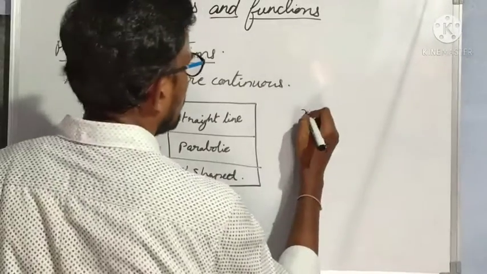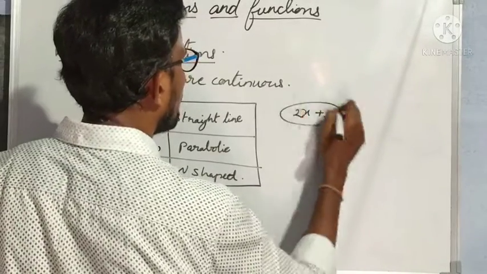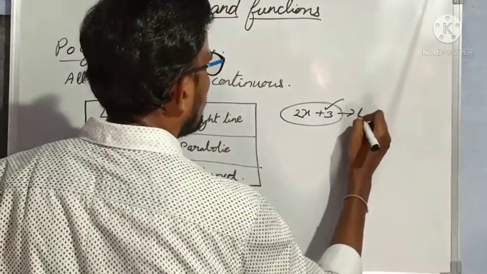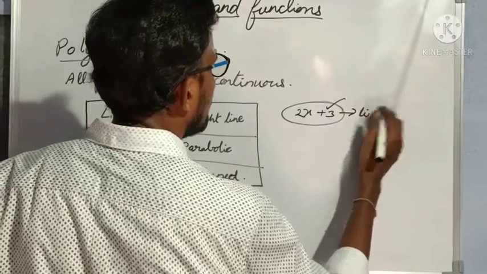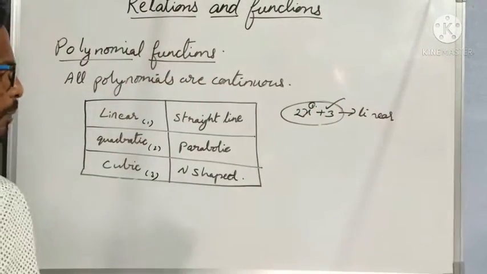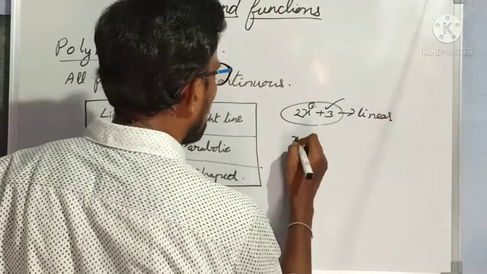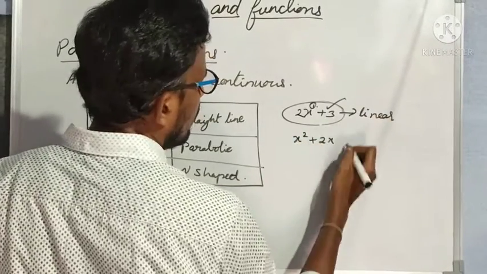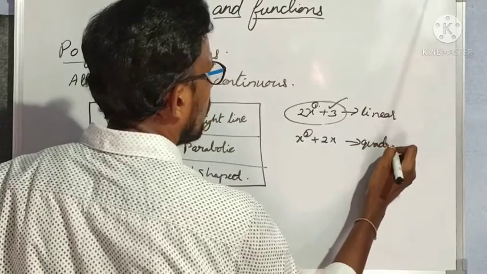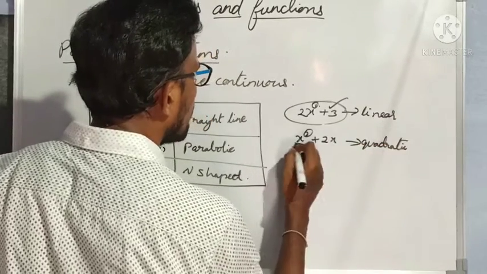For suppose 2x plus 3, what type of polynomial is this? Linear polynomial, because the degree is 1; the power of x is 1. x square plus 2x is a quadratic polynomial, because the degree is 2.